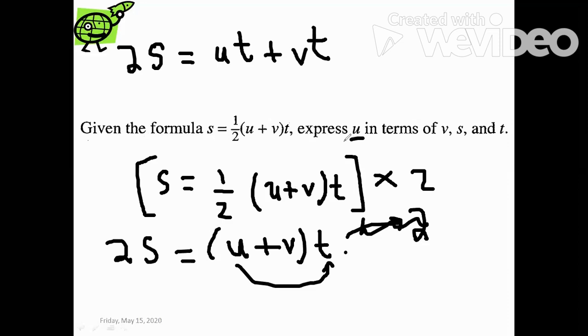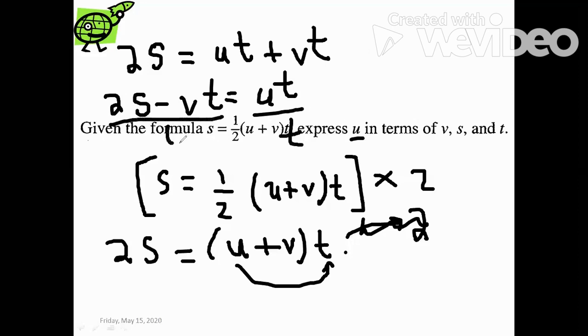But we want u, so we need to get rid of vt by subtracting vt on the right and also on the left. If I do that, I get 2s subtract vt equals ut. Then now we just divide everything by t because we want u.